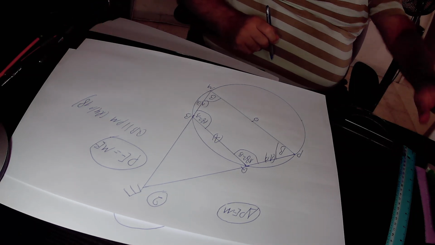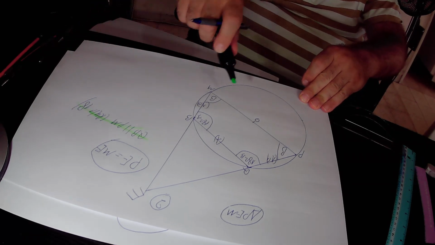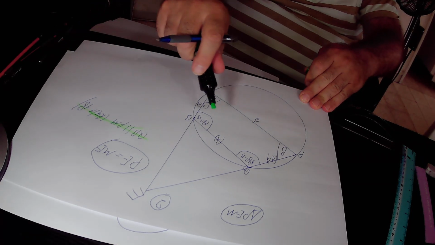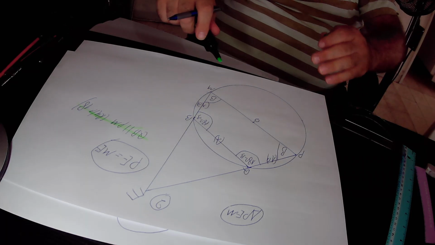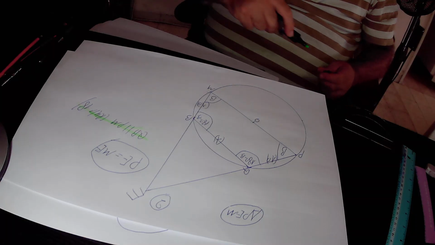So in the next step, I'll copy again this semicircle with the diameter PM, and we'll continue to analyze it.